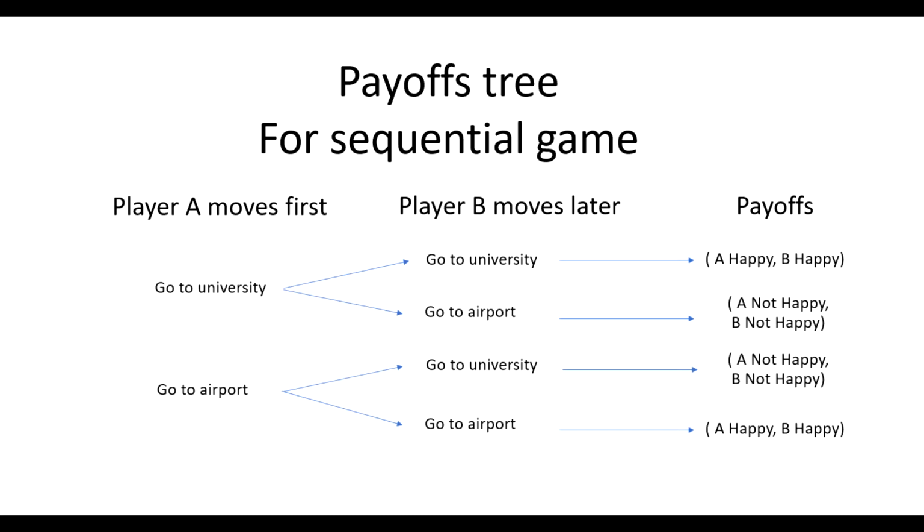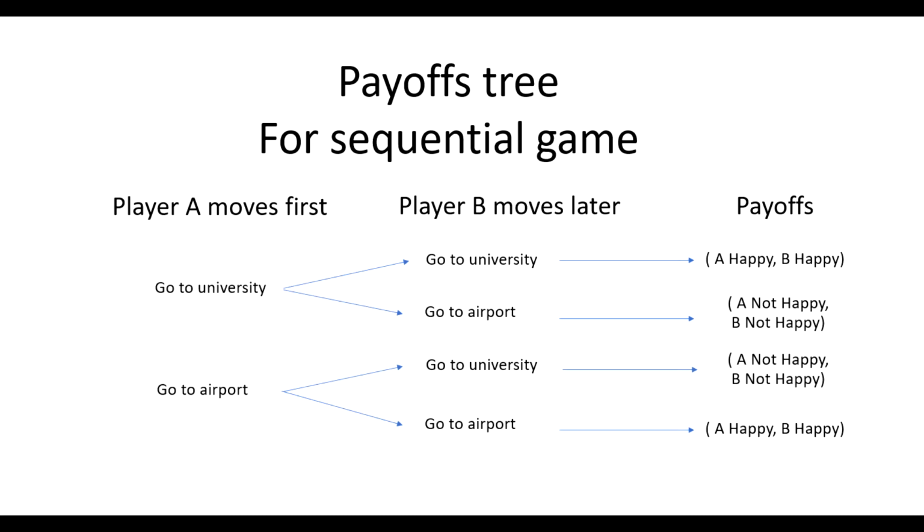Player A moves first. Then if A goes to airport, what is the decision of player B? Player B goes to airport too, so they are both happy. But what if player A makes a wrong decision? For example, player A goes to university but player B goes to airport.